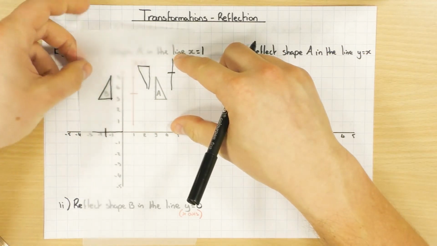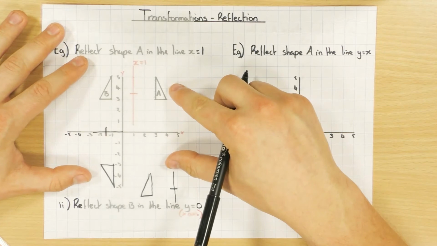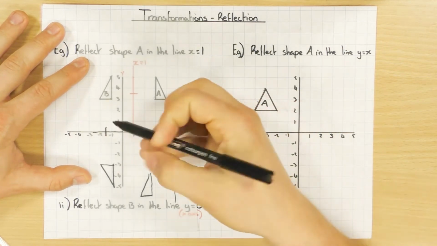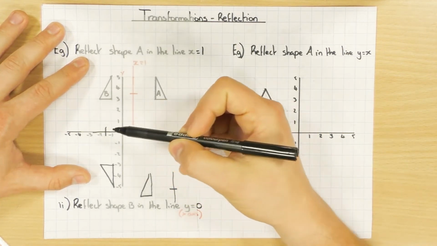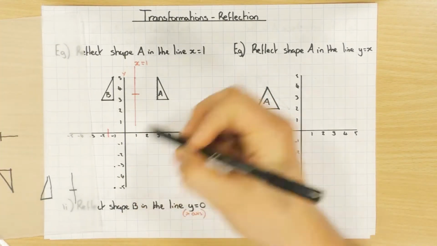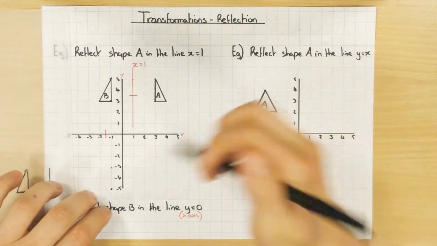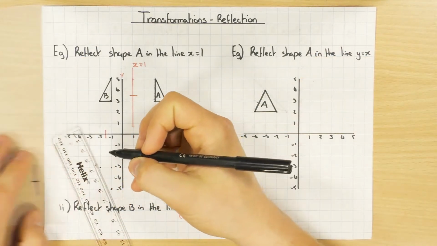Don't forget, with reflection, you flip the tracing paper, you do not rotate it, which is what some people do. You flip it, and again, line it up exactly, and then I can tell where my points are going to be. You can keep going back as much as you want because you've done your cross, which is why it's useful. And there we go, I've spotted it there.